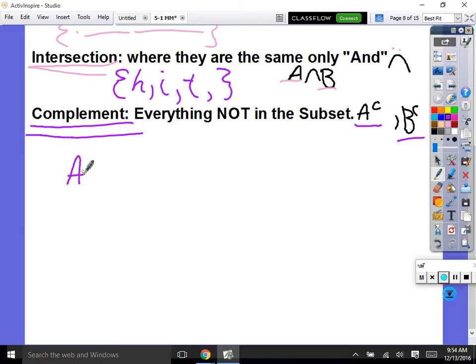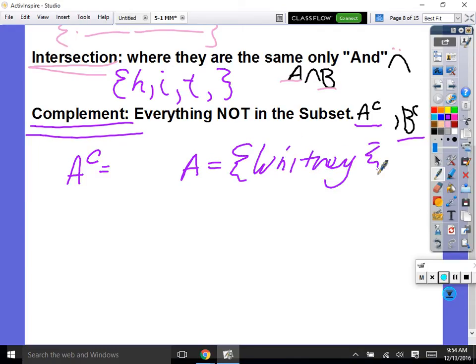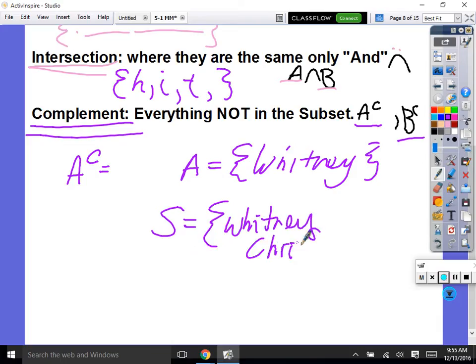So A was my first name, W-H-I-T-N-E-Y. And then the sample space was Whitney Christensen. I'm just doing it messy so I don't have to write it perfectly. I'm just giving you some room to see.